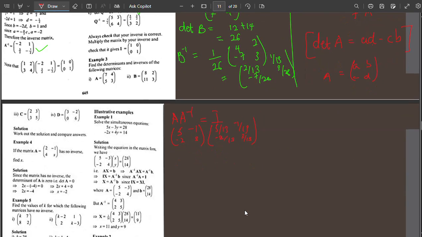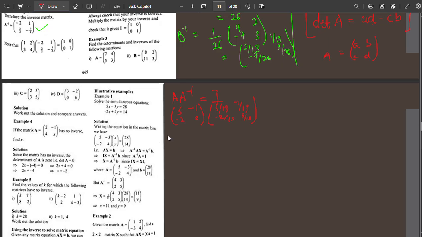Now let's try multiplying these. 5 times this, right? We're going to have 5 times 5, that will give us 25 over 13.